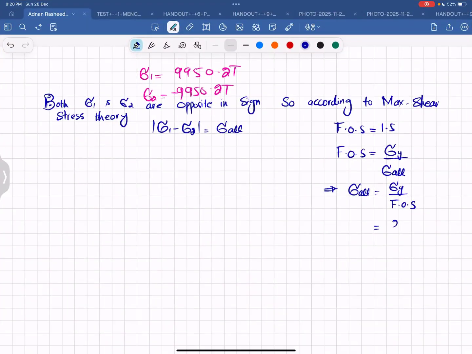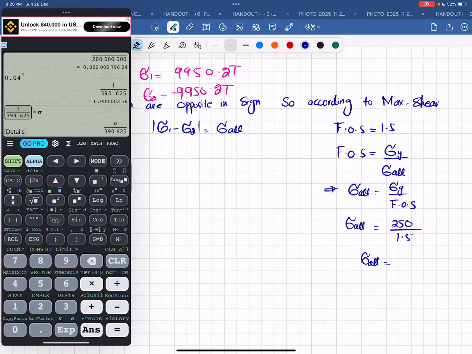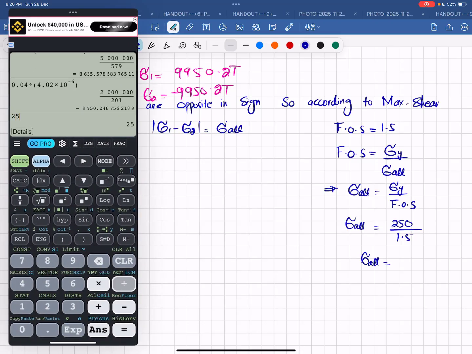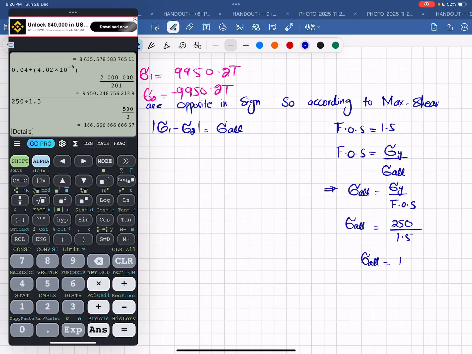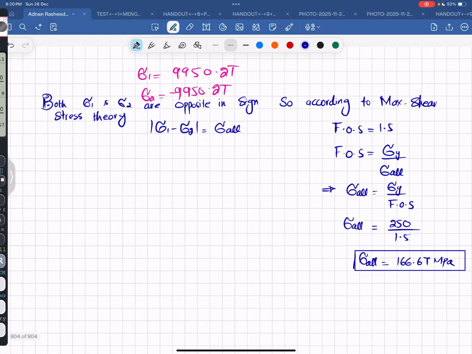So 250 divided by 1.5 will give you the allowable stress, and when you calculate it, it is 166.67 megapascal.